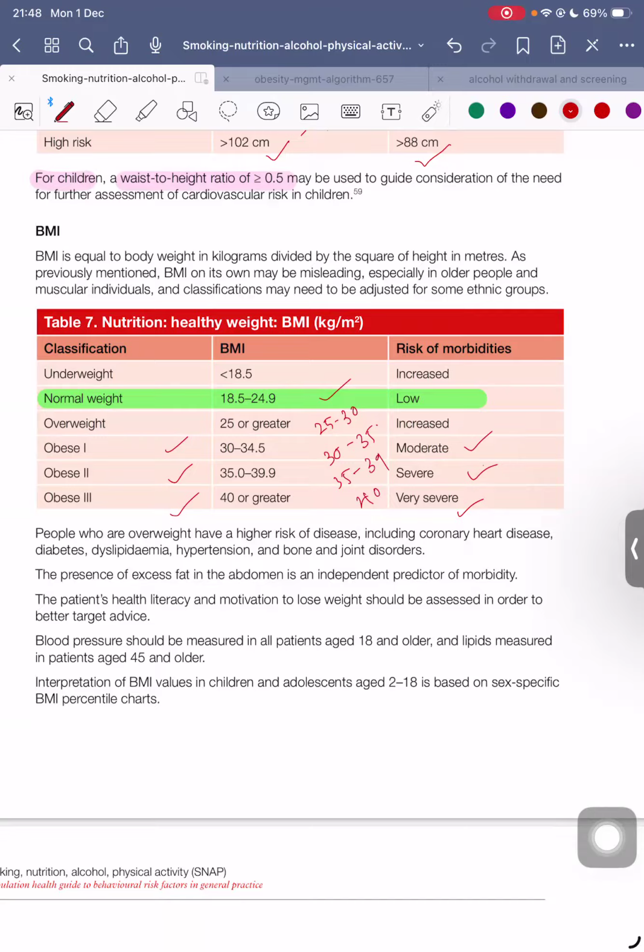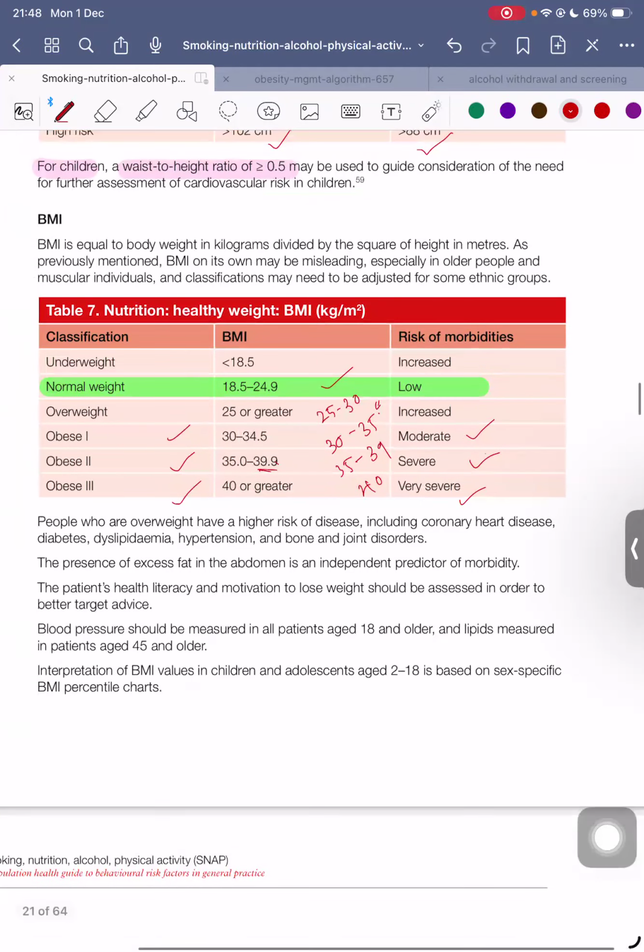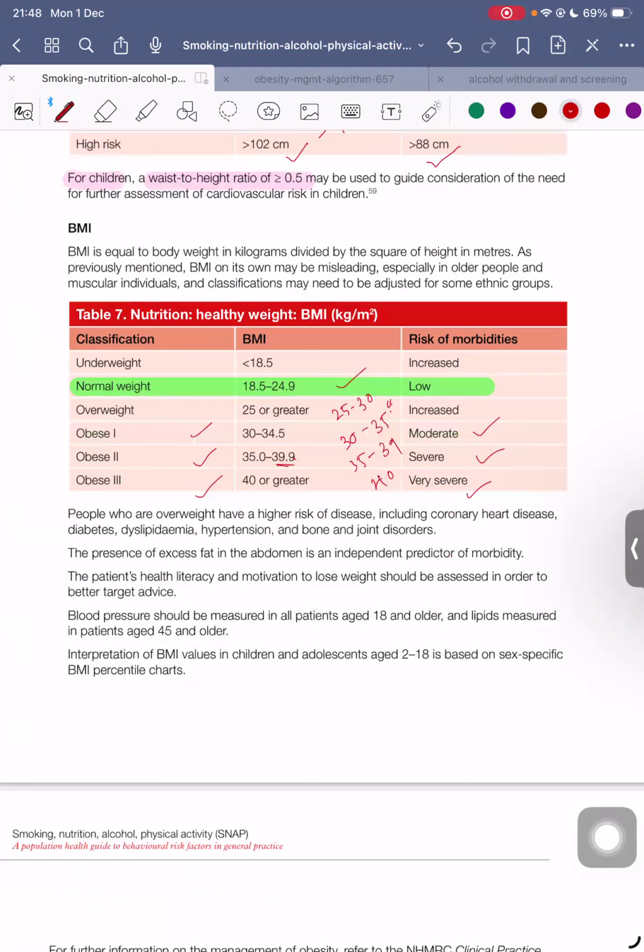If it's hard to remember the 0.9, just reduce 0.1 from each side. Just remember: 25 to 30 overweight, 30 to 35 obese 1, 35 to 39 obese 2, then more than 40 is obese 3.